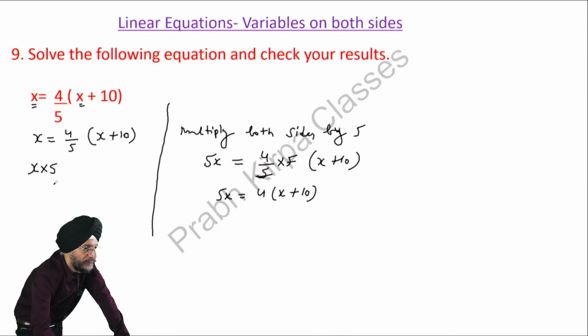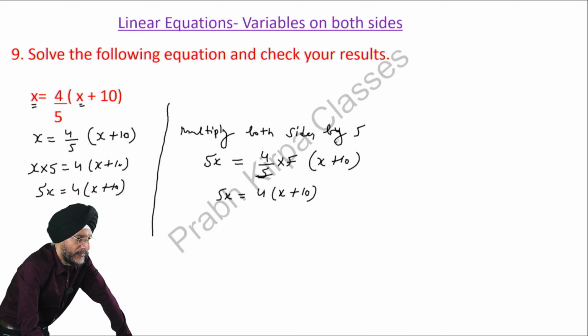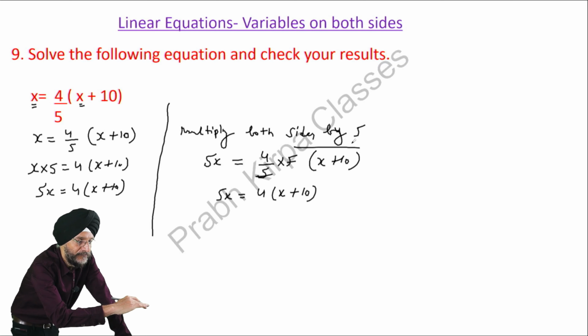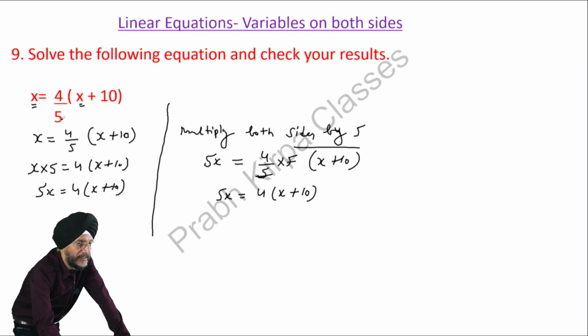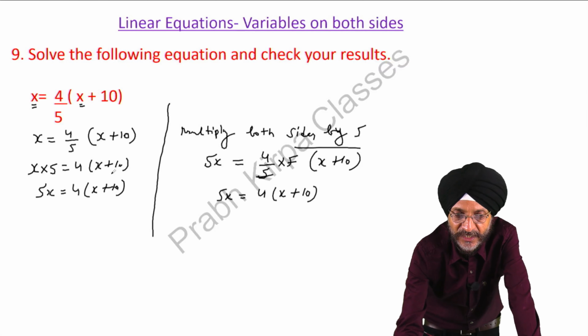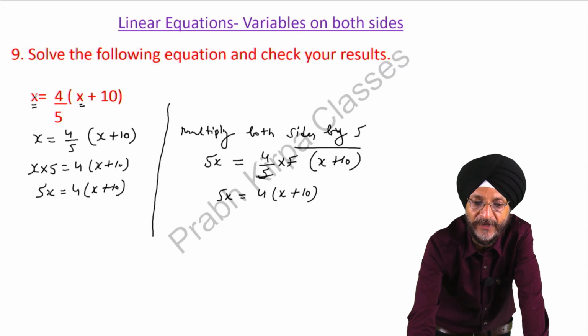So it becomes x into 5, so 5x is equal to 4 into x plus 10. So one and the same thing: either we multiply both sides by 5, or we can simply take this 5 to the other side. That is, here it is dividing and on the other side it will be multiplying with the variable.